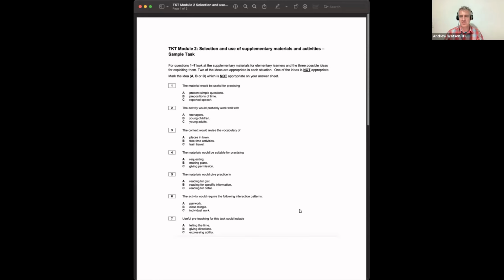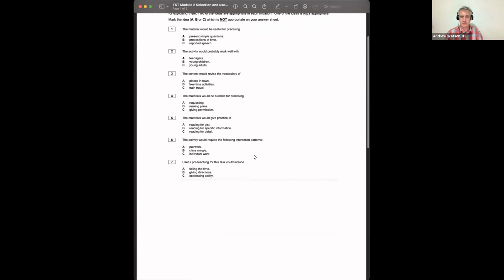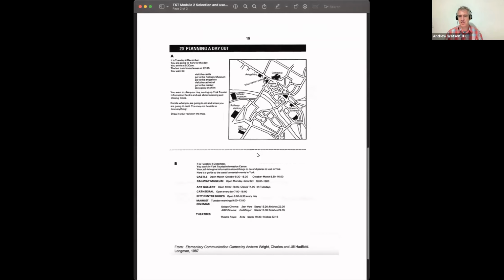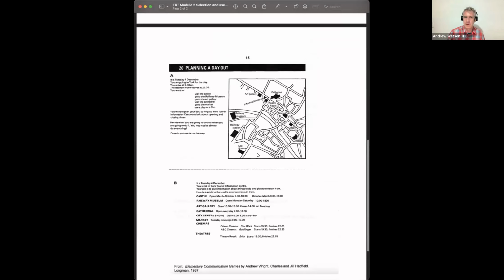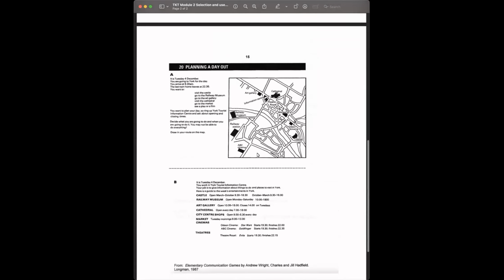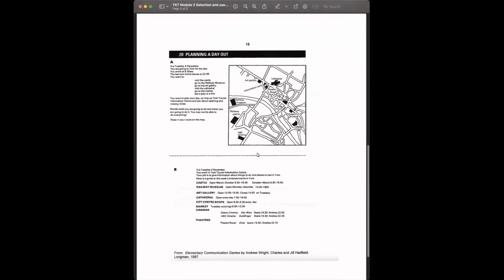I think it is a good idea to do some TKT exam practice. As you can see, it's from module 2, selection and use of supplementary materials and activities. So you've got to study this material. It has to do with planning a day out.